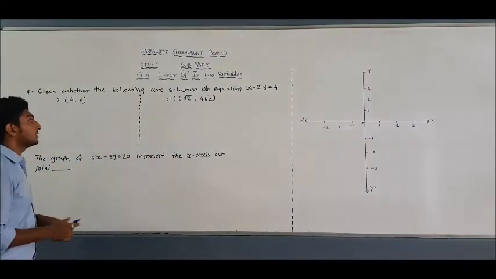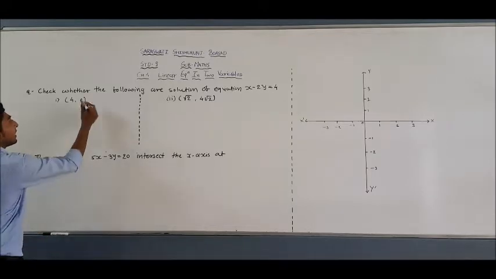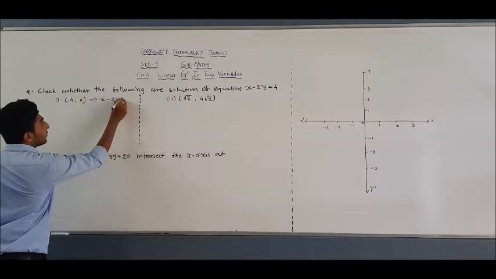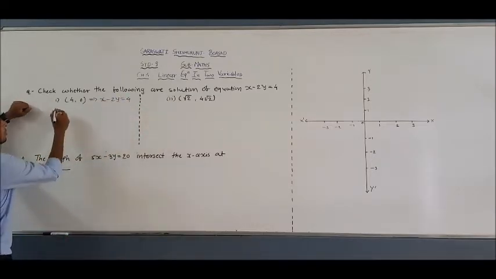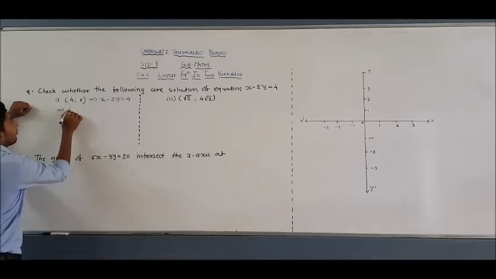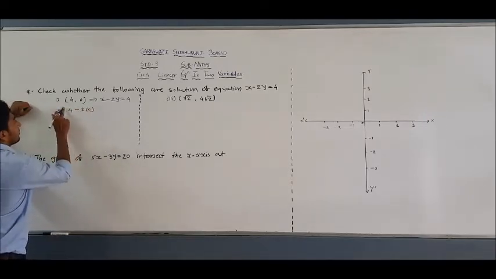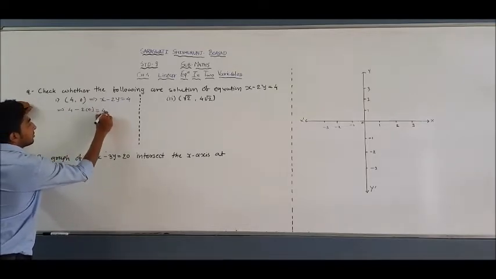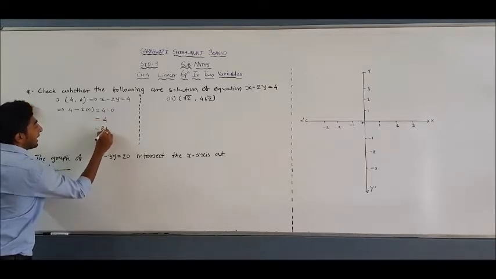So first of all, let us talk about the first point, (4, 0). Here we have the equation x minus 2y equal to 4. So substitute the value of x equal to 4 and y equal to 0. So let us say 4 minus 2 into 0 equal to 4 minus 0 equal to 4, equal to RHS.